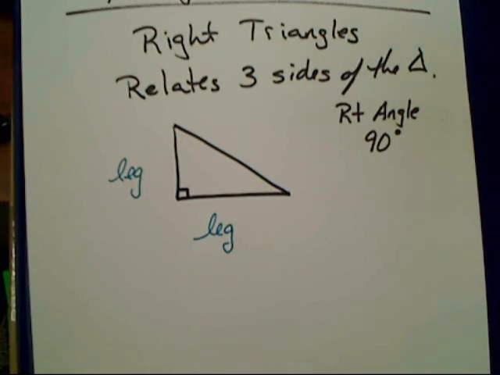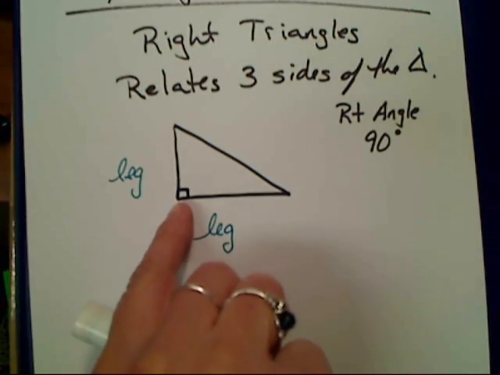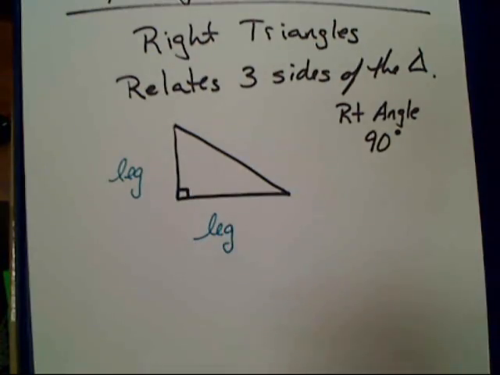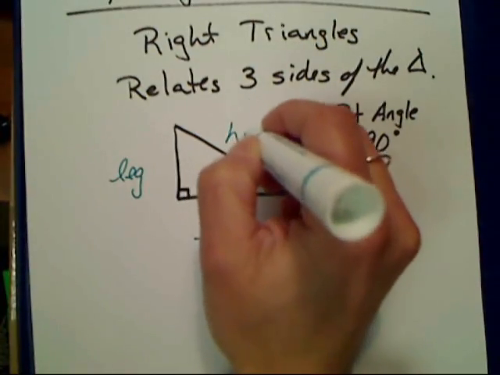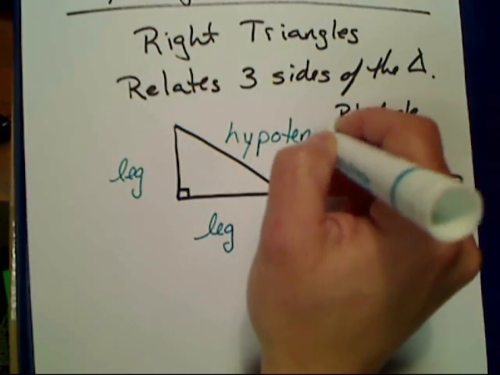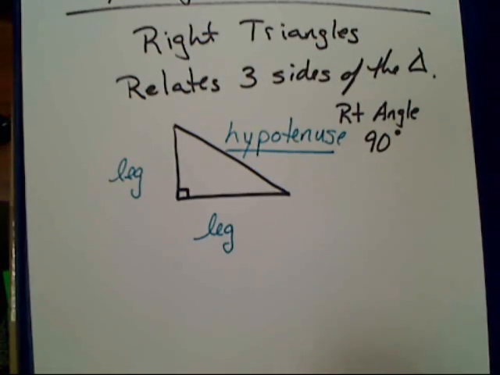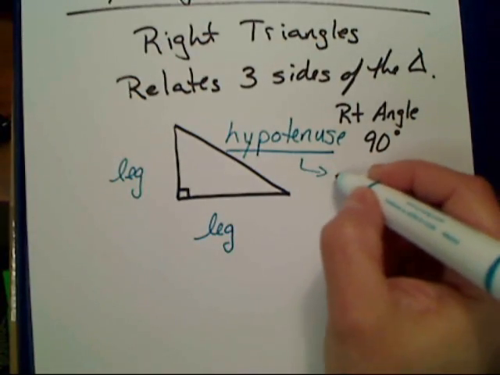We don't really care which one is which, because of our formula it will not matter. The key is to know that the longest side, which is also the side always across from the 90-degree angle, is called the hypotenuse. The hypotenuse. That is always the longest side.